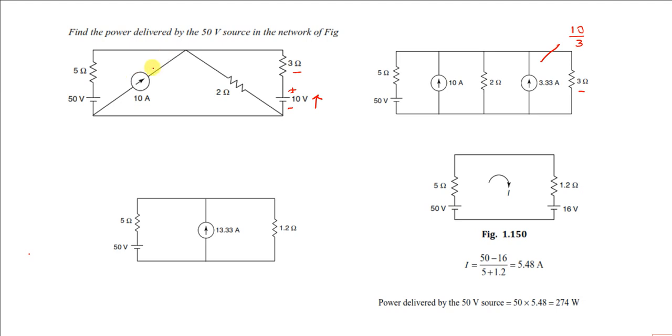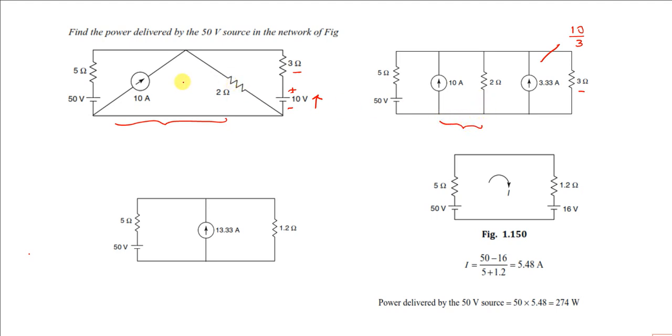Now don't get confused here. This 10 amps and 2 ohms are connected vertically because I told you this entire thing is a single node. So instead of slanting, you can convert it into vertical: 10 amps going upwards and 2 ohms connected in parallel.